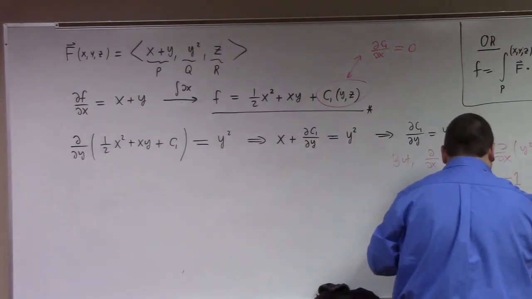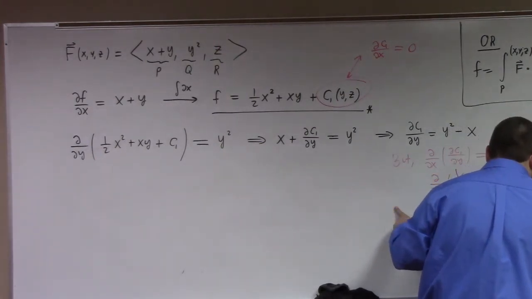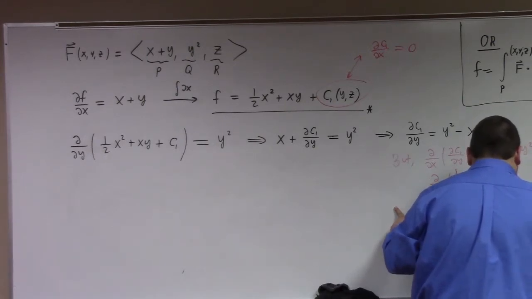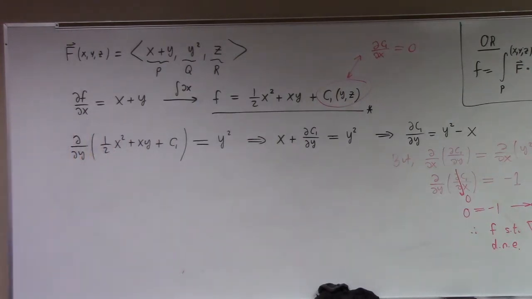So therefore, f such that gradient of f equals the vector field does not exist. In fact, if we'd calculated the curl of this vector field, we would have found what? We would have found it's non-zero.